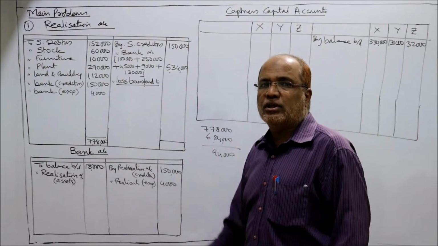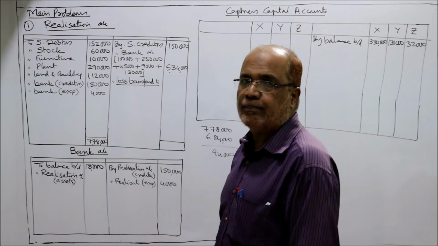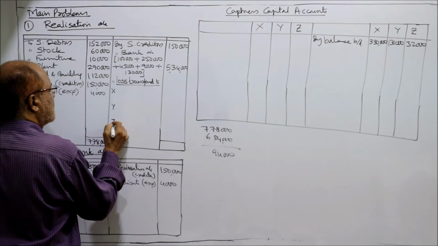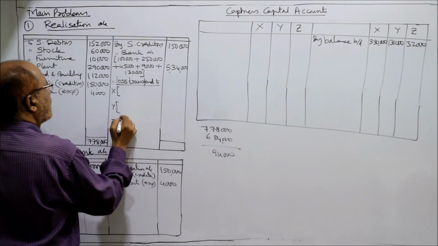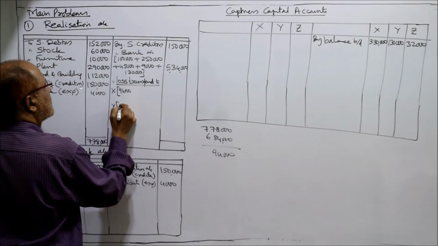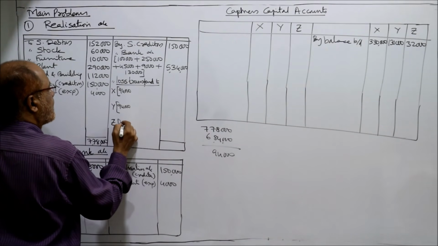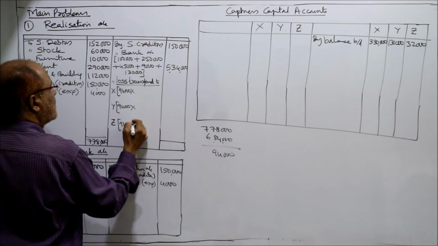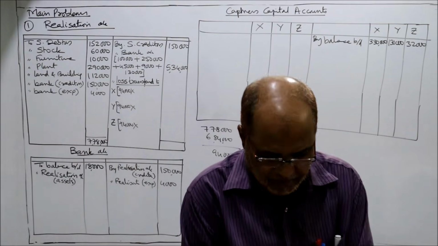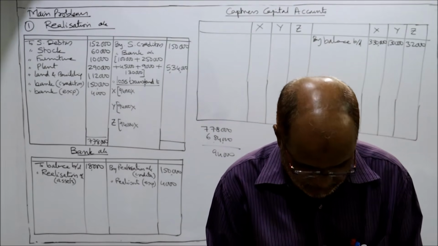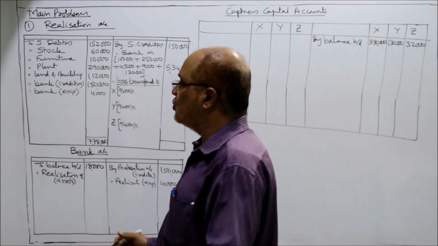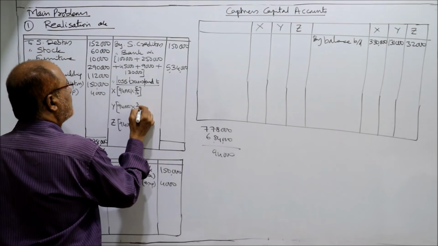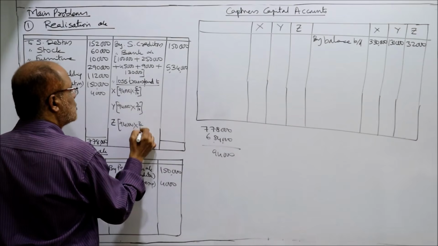This loss of 94,000 will be transferred to old partners capital account in old ratio. The old partners are X, Y, Z. 94,000 into what is the profit sharing ratio of the old partners given in the problem? 5:3:2. 5/10, 3/10, 2/10.